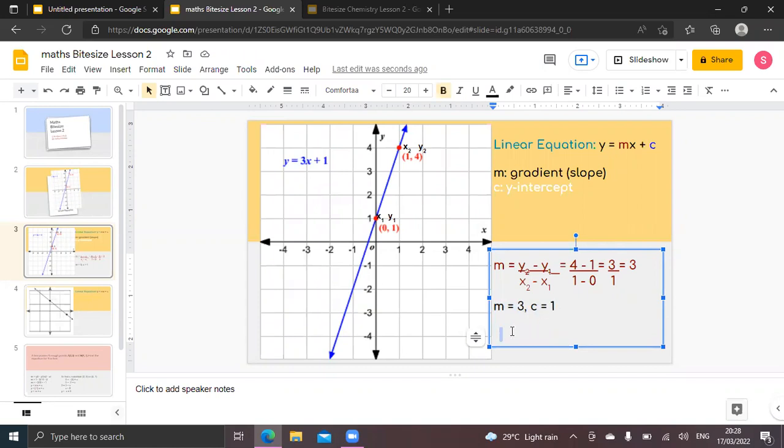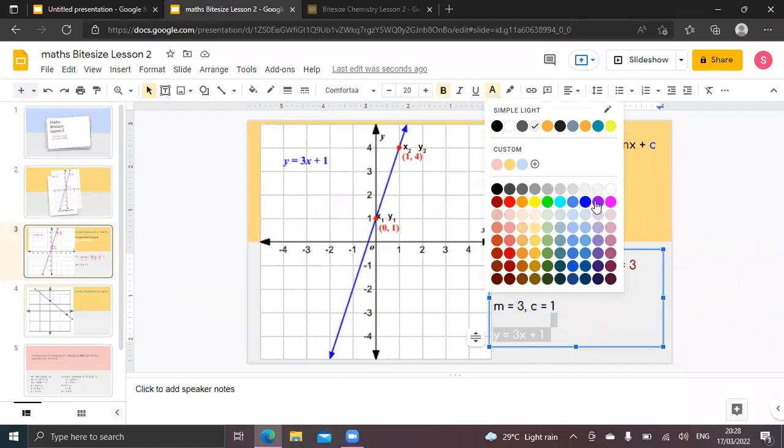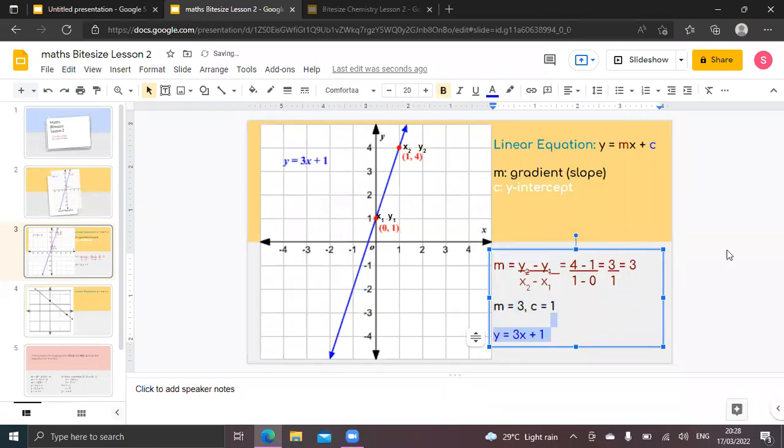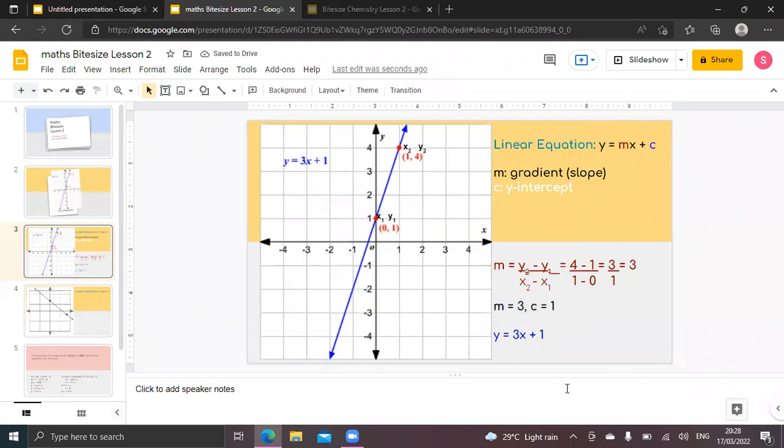What next? You can put these values in your skeleton. Which skeleton? y equals mx plus c. So we just put them here, in a different color. This is your skeleton.